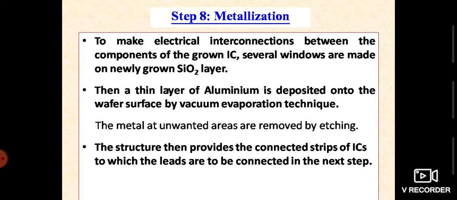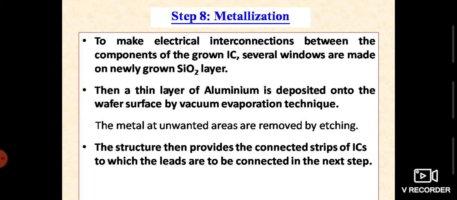We have to connect the IC with the metal leads so that we can use it in our labs for different experiments. So for this, the first step is to grow the silicon dioxide layer on the wafer surface. Then, after the formation of the selective windows, a thin layer of aluminium is deposited on the wafer surface by the vacuum evaporation technique.